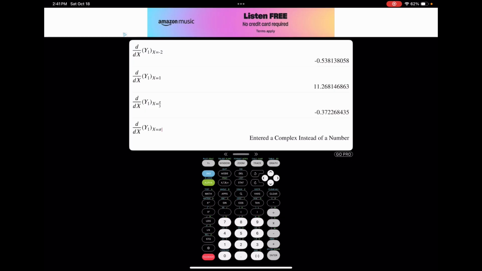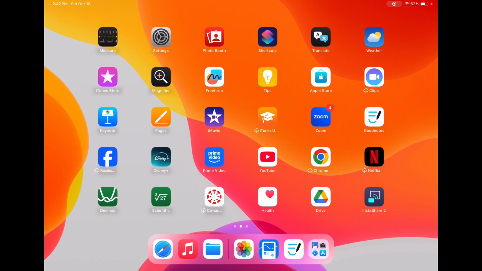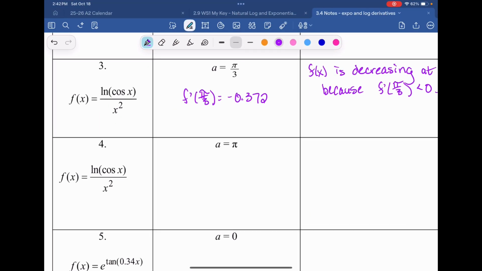Alpha trace y1. All right. So you end up with non-real answers. And so that means that your answer was imaginary. So it means it was undefined. So f prime of pi is undefined.